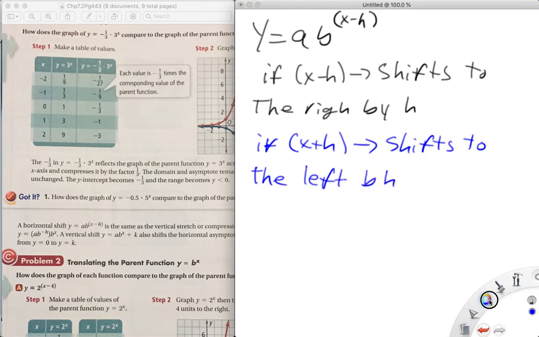All right, and then we also have vertical shifts up and down the y-axis. So this is left and right to the y-axis, and this is up and down to the y-axis.